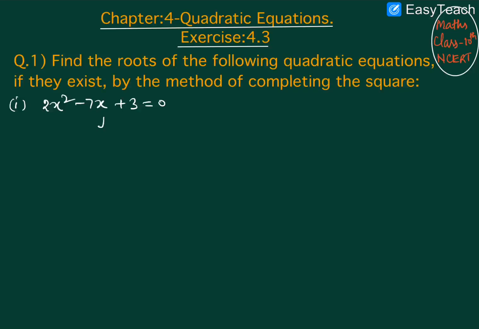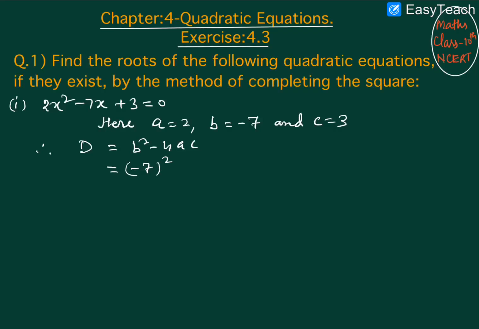Here a is 2, b is minus 7 and c is 3. Therefore, D, which is equal to b square minus 4ac, gives minus 7 square minus 4, a is 2 and c is 3.